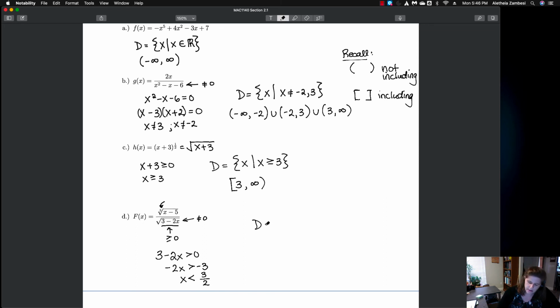Set notation: x such that x is less than 3/2. Interval notation: since it's less than, we're going to -infinity. So -infinity to 3/2, not including the endpoints.